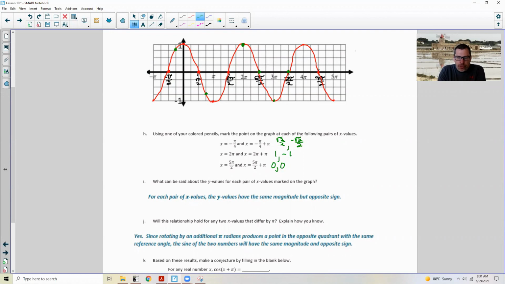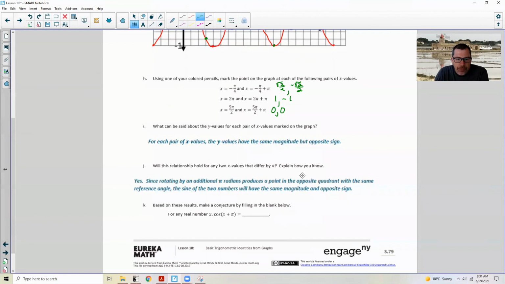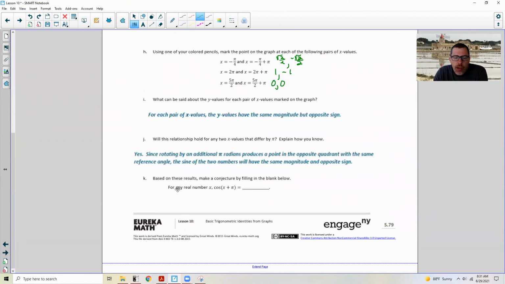Okay, so since rotating by an additional pi radians produces a point in the opposite quadrant with the same reference angle, the two numbers will have the same magnitude and opposite sign. Part K. Based on these results, make a conjecture by filling in the blank below.